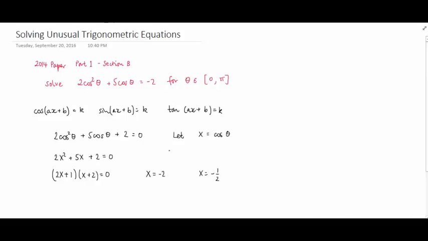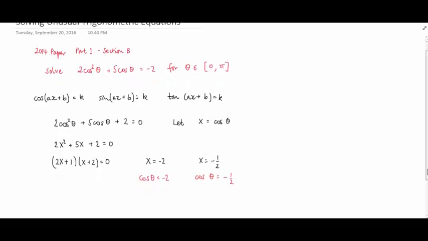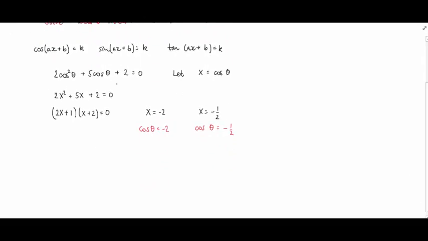Okay, so because cos theta is what's equal to x, if we substitute back, it means that we're trying to solve these two equations. Now we know that cos theta cannot be equal to -2, because it doesn't matter what angle theta is, its cosine and sine values can never be greater than 1 or less than -1.